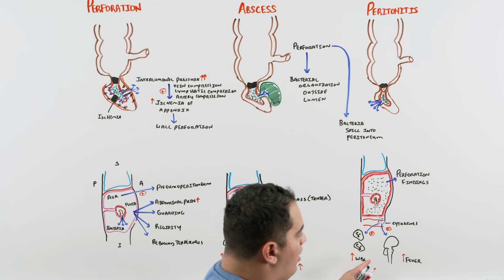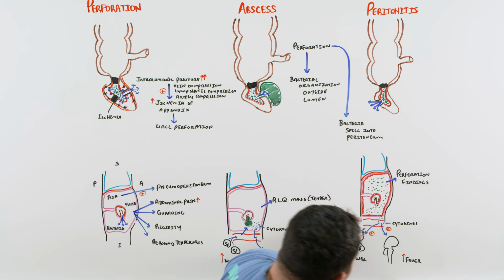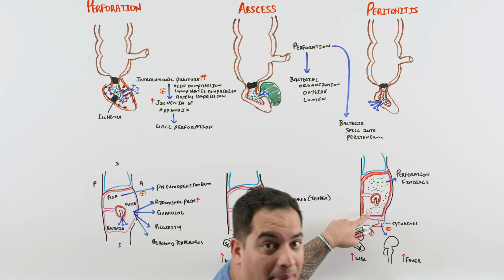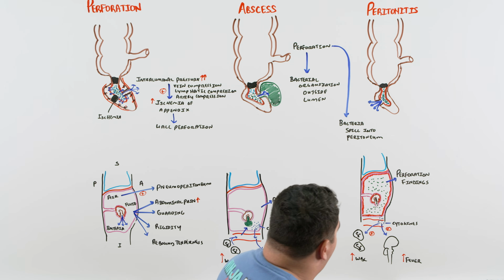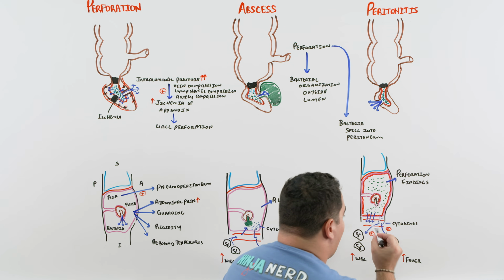The last thing that I think is also important here, and this is where it gets really scary. Bacteria in the peritoneum, there's a lot of blood vessels that are in that peritoneal area. If the bacteria have an opportunity to spread into the bloodstream, now you have bacteremia.